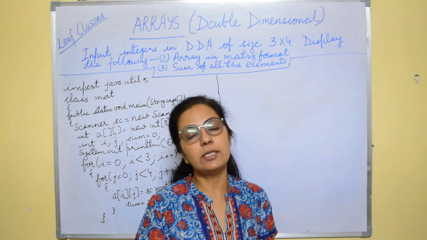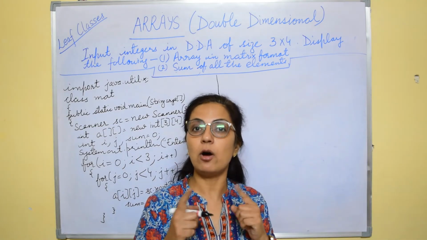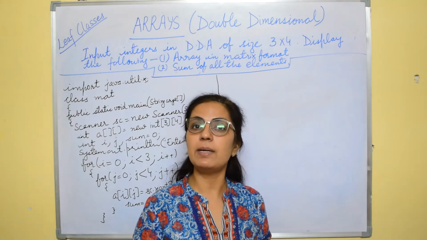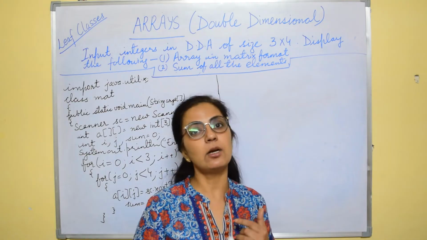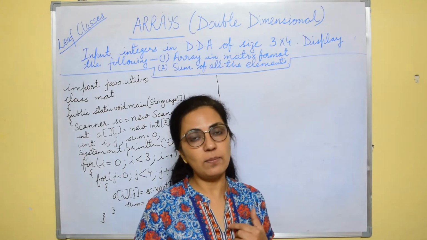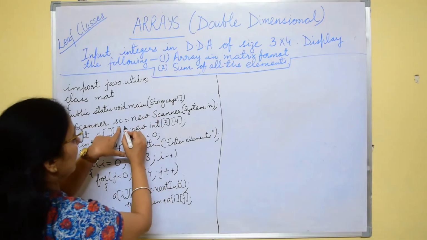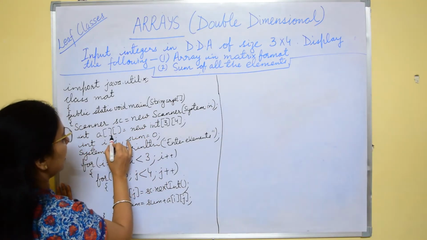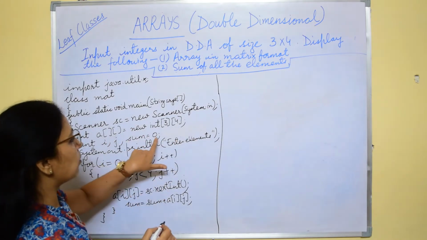First of all, I just want to tell you, if the values are already given in the question for array, then only you use assignment statement. Otherwise, either you use function method or you use scanner object to input the values. So after creating scanner object, we have declared the array of size 3 by 4, then sum equals to 0.